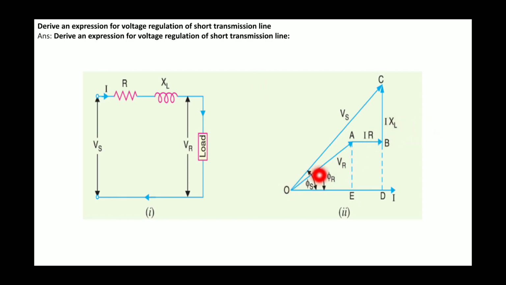Then for the addition of I into R and I into XL, you get the sending end voltage. The angle between Vs and I is phi s. This is the equivalent diagram and the phasor diagram of the short transmission line.